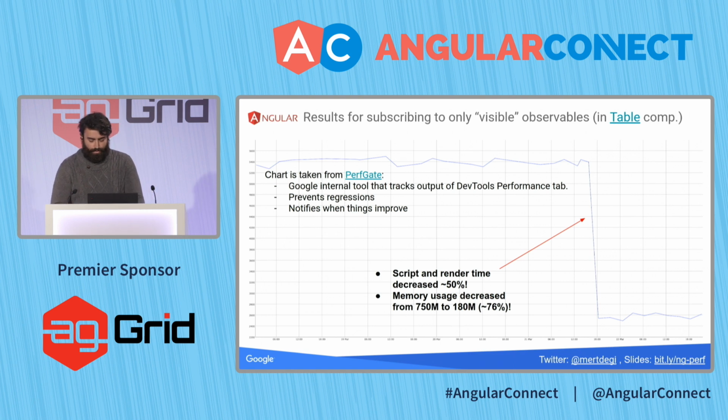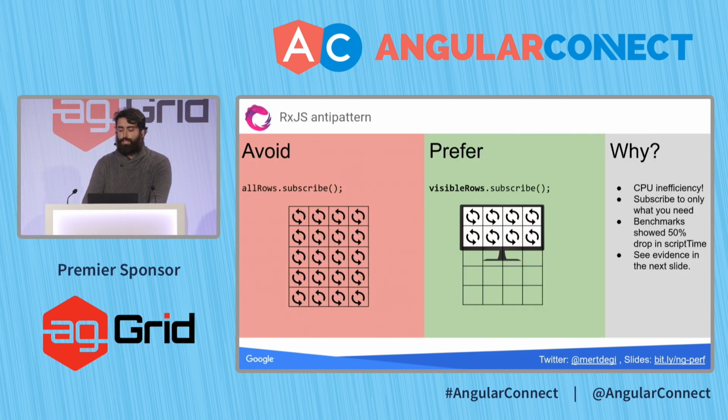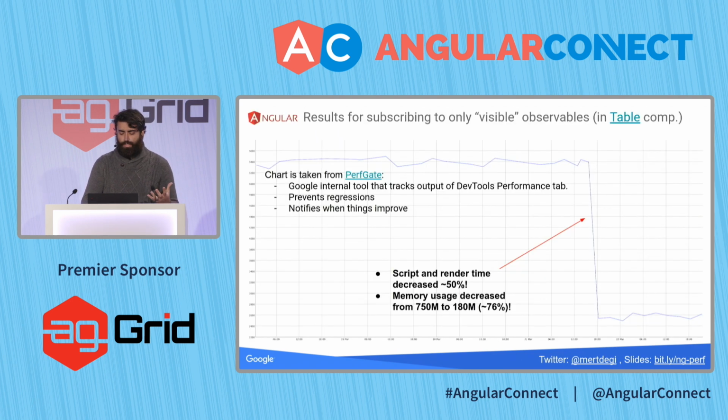And when we made this change to only subscribe to things that are on the page, we saw significant increase in efficiency of rendering and significant decrease in memory usage.